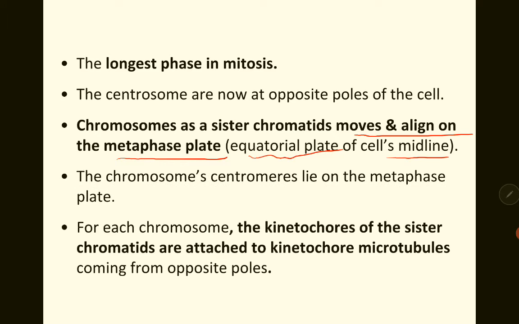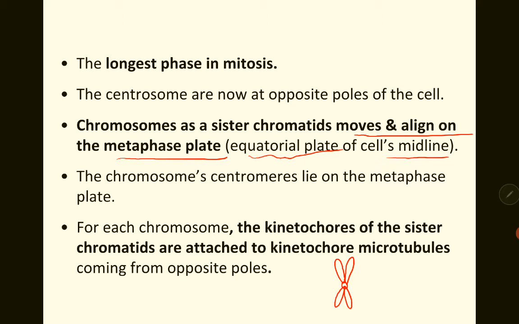The chromosome centromeres lie on the metaphase plate. For each chromosome, the kinetochore of the sister chromatid attaches to the kinetochore microtubule coming from the opposite pole.